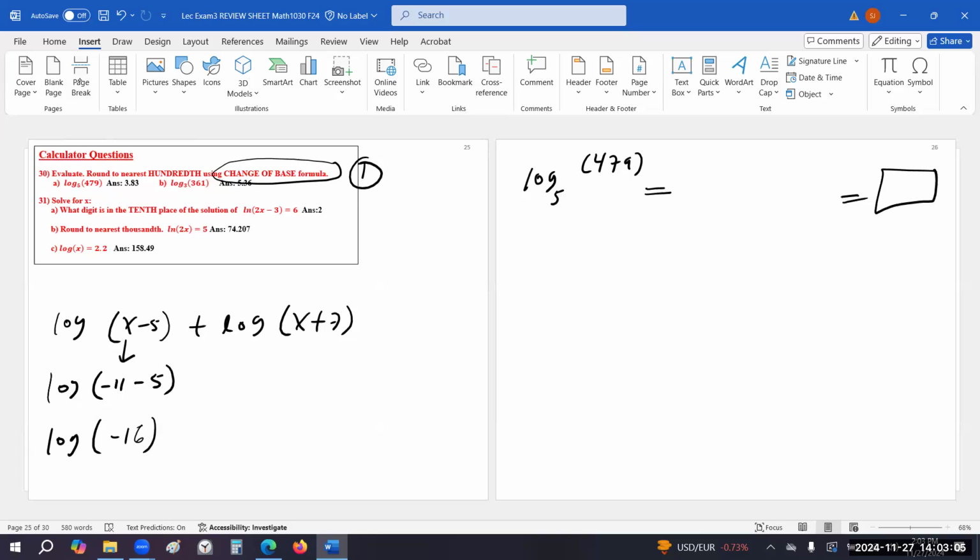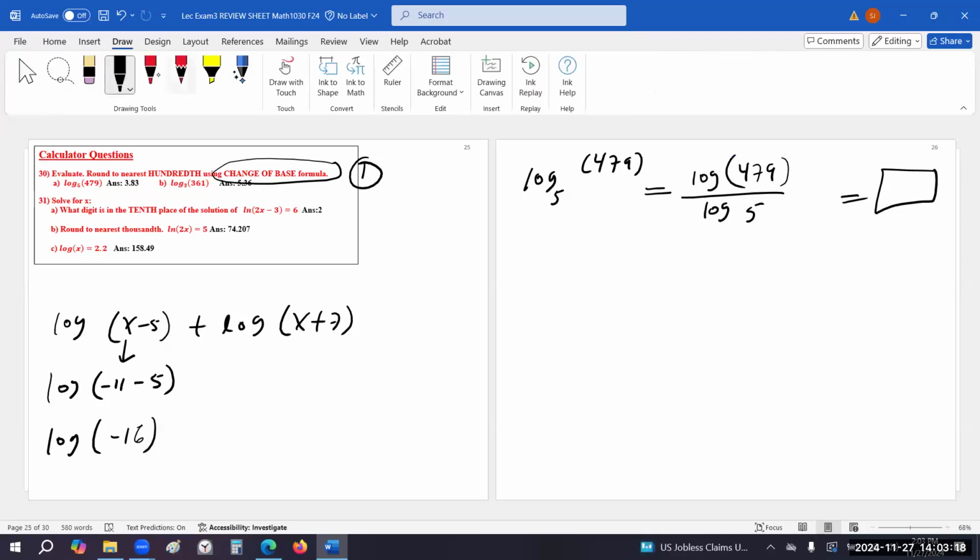Is this the one where we put log over log, the natural or the regular? So it's log of 479 over log of 5. So log of the argument divided by log of the base.